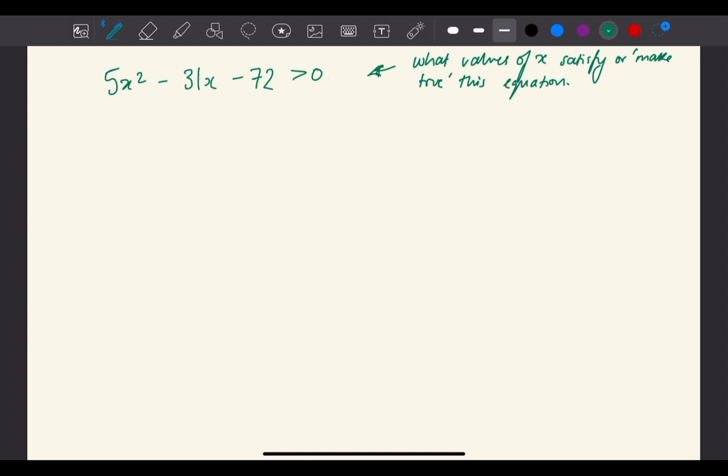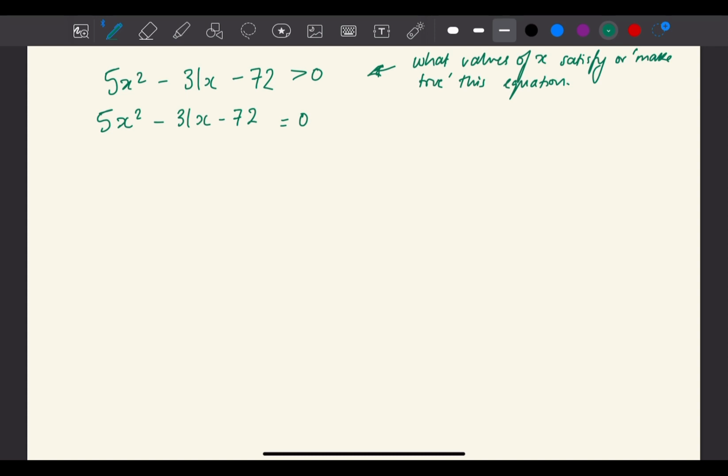And again, the way to solve this is, I'd say, forget that it's an inequality. Treat it as a normal quadratic. Okay, we need to solve this. The easiest way with a calculator is to use the quadratic formula.